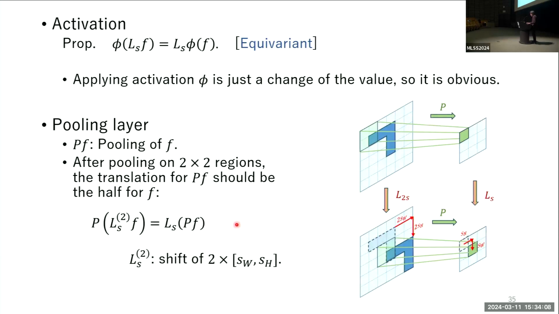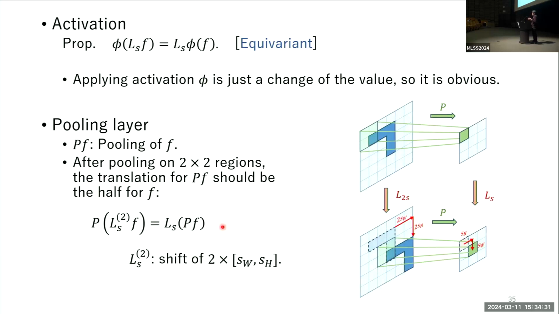But with this modification, we can see that the pooling layer also satisfies equivariance. In this way, the convolutional layer and the pooling layer achieve equivariance of translation as a group action.